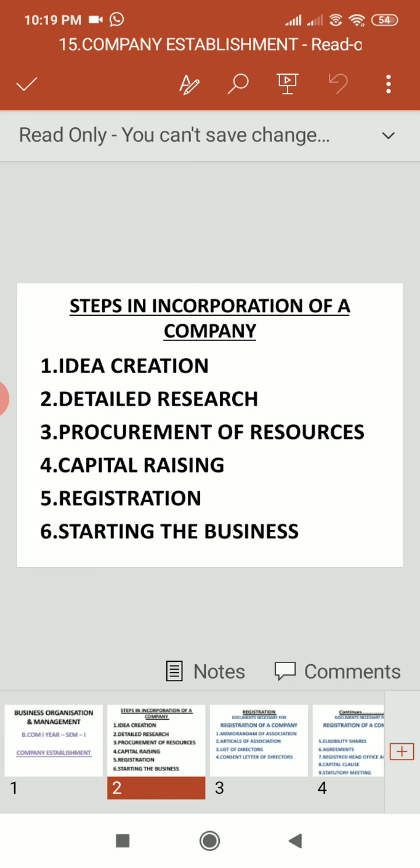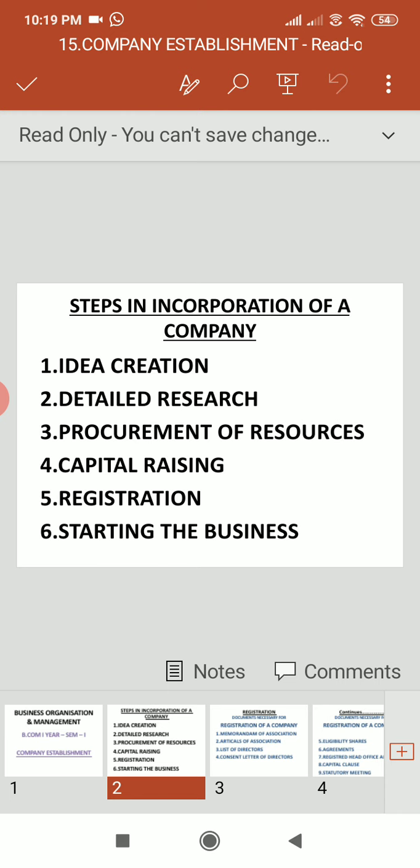If the registrar is satisfied with these papers, he will register the company with name, date, number, and so on. After registration, the company comes into existence. The company can act independently through representatives. It is a legally born child after registration.